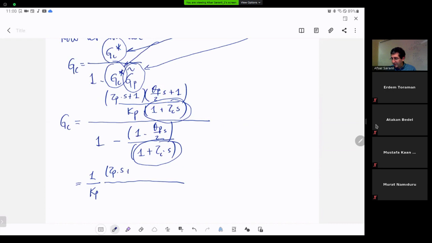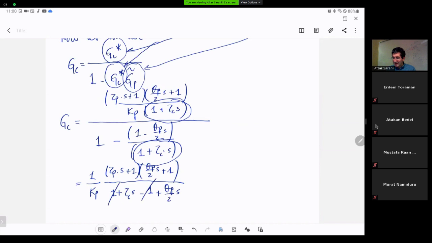In the numerator I will have the terms from over here, theta p over 2 s plus 1, and in the denominator 1 multiplied by 1 plus tau c s, so I will have 1 plus tau c s minus 1 plus tau theta p over 2 s.